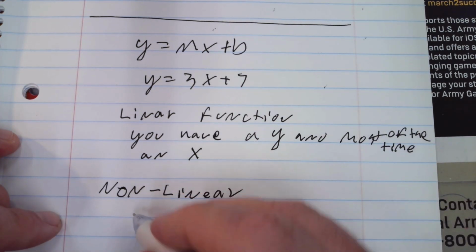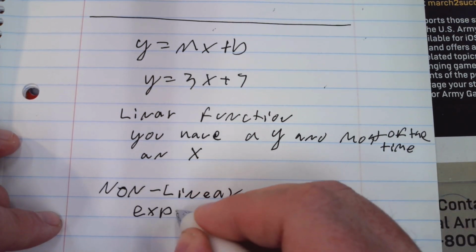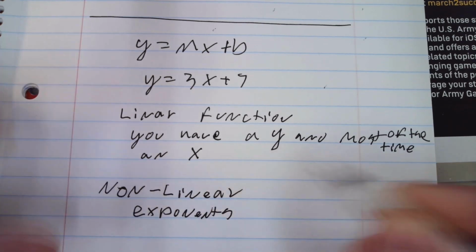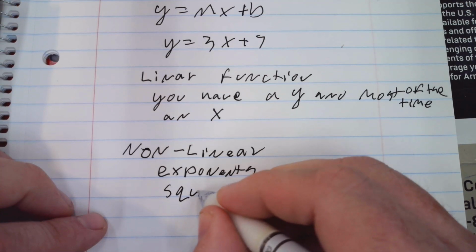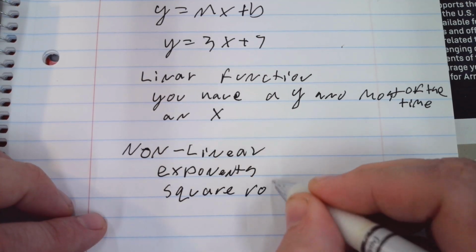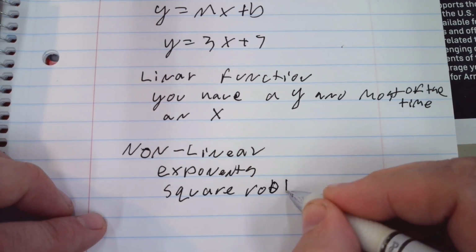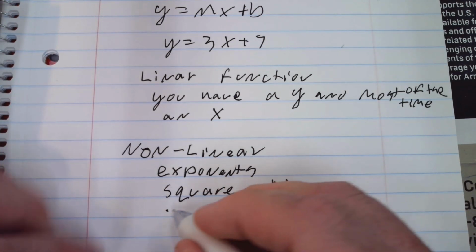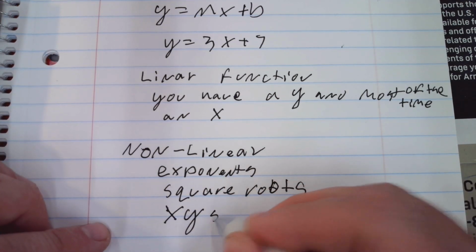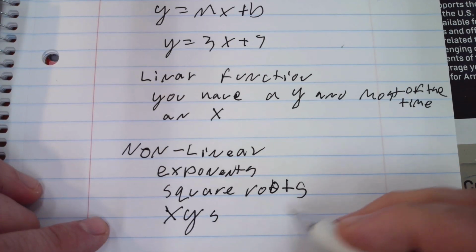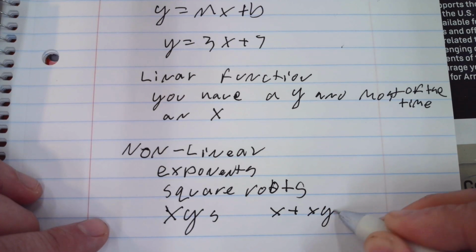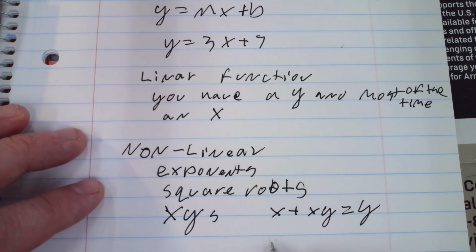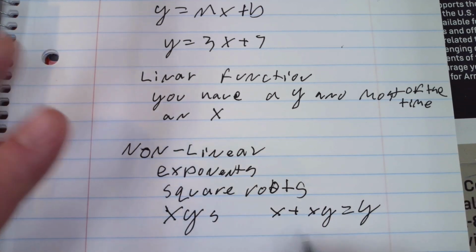You're going to have exponents. You're going to have square roots or radicals. You're going to have xy's. For example, if you had something like x plus xy equals y, well, there's something more to this one.